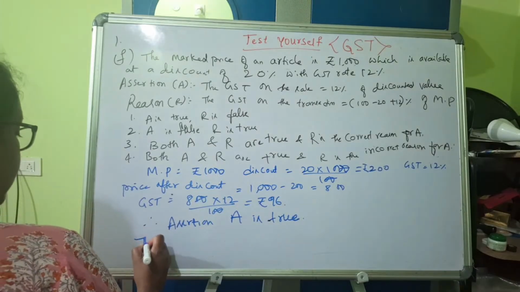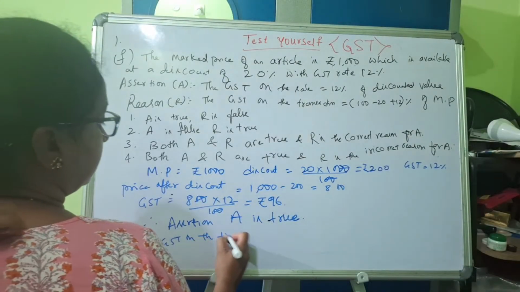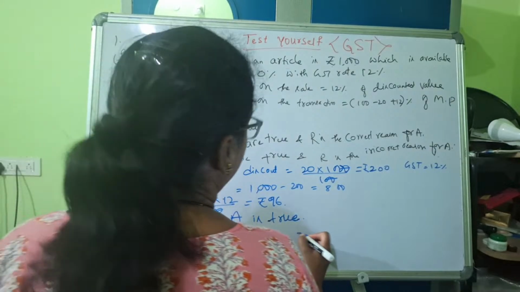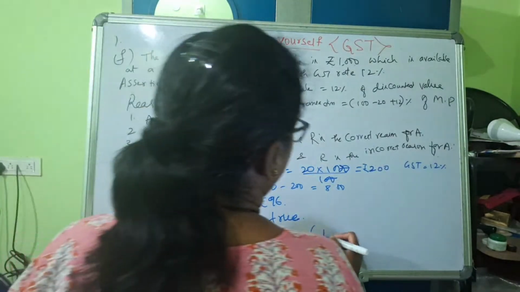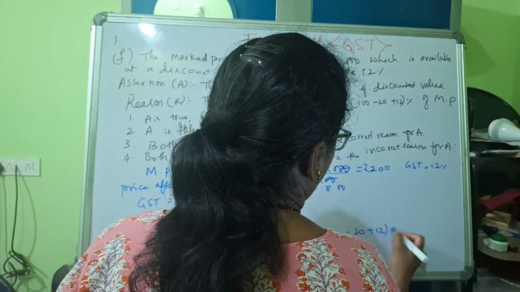The GST on the transaction is equal to 100 minus 20 plus 12% they have given.